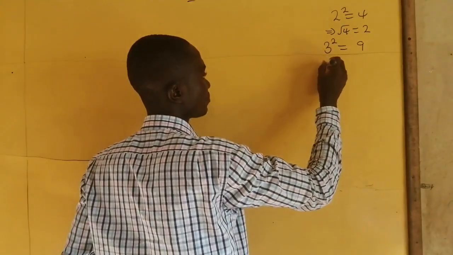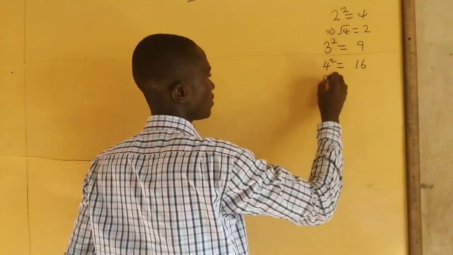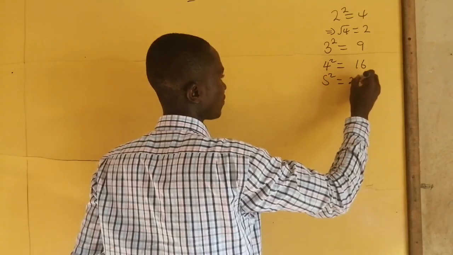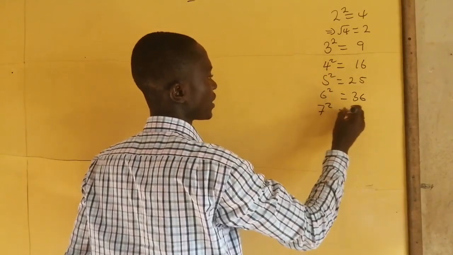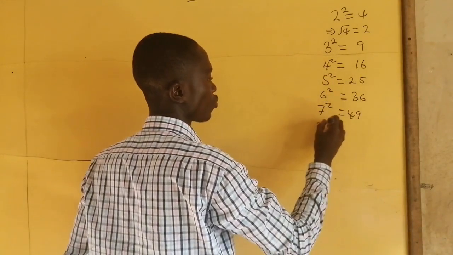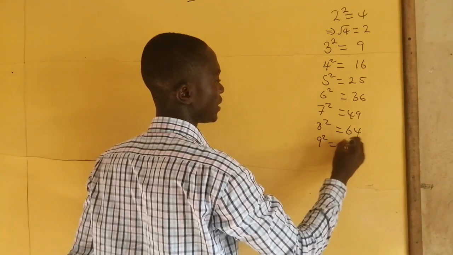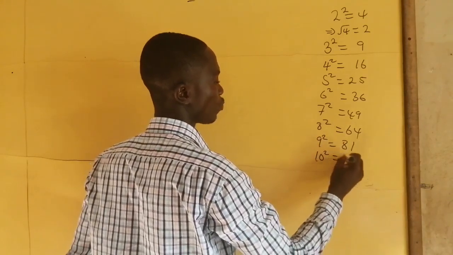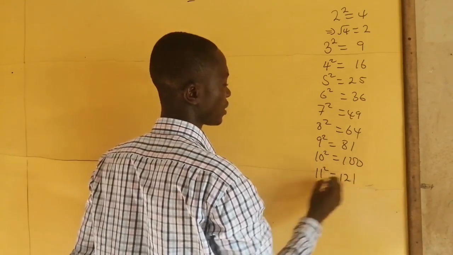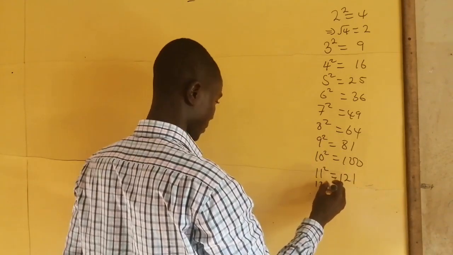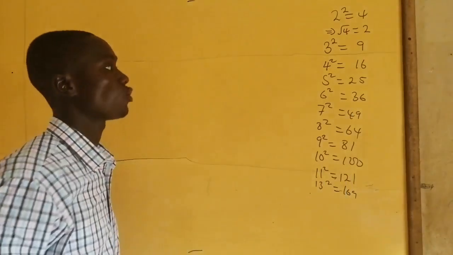If I take 4 squared, it is 16. 5 squared, 25. 6 squared, 36. 7 squared is 49. 8 squared is 64. 9 squared is 81. 10 squared is 100. 11 squared is 121. 13 squared is 169. And it goes on and on.